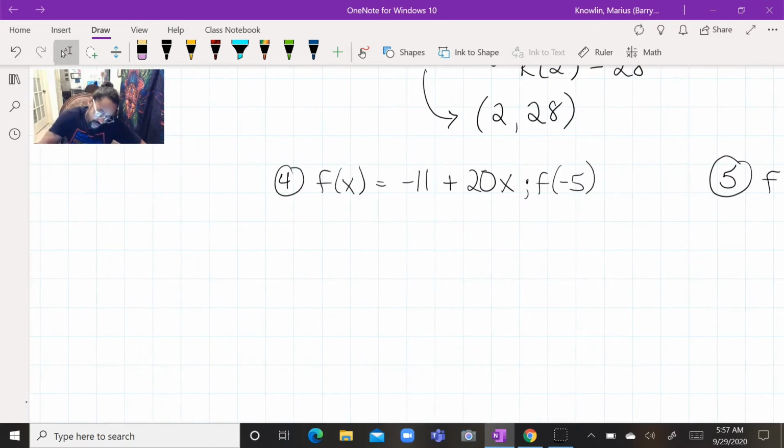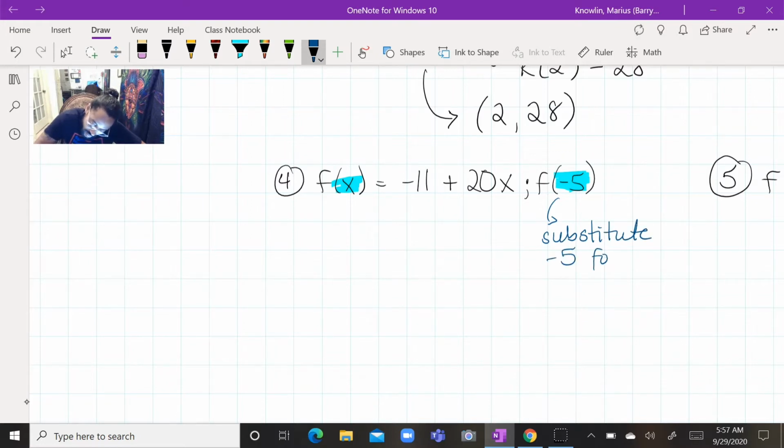Number 4, we're going to substitute negative 5 for x. So we're going to substitute negative 5 for x. So when we work this one out, this is going to say f of negative 5 equals negative 11 plus 20 times negative 5.